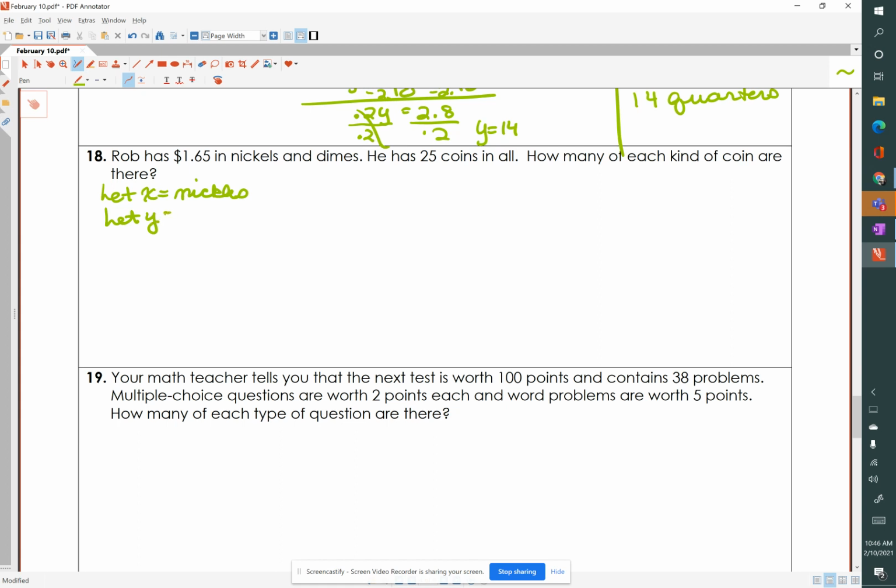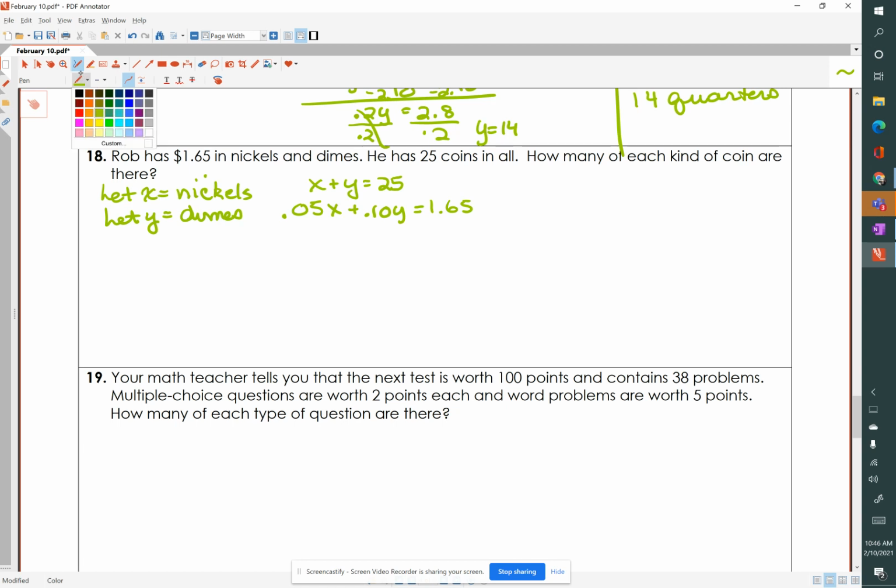Let y equal dimes. And so he's got 25 coins. So we've got nickels are 0.05 and dimes are 0.10, and that's going to equal $1.65.